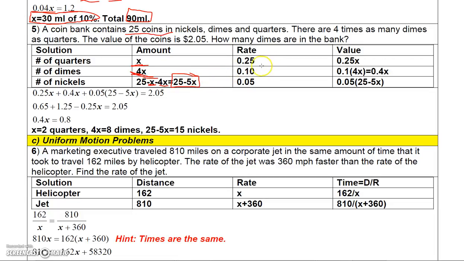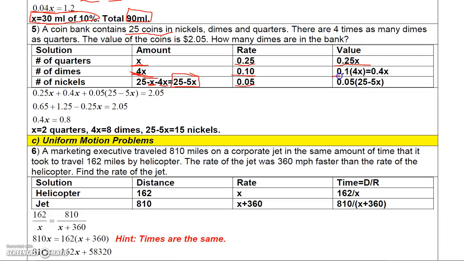Now, what's the rate? Well, the rate in dollars, I could do this in cents, but I chose to do it in dollars. The rate in dollars is $0.25 per quarter, $0.10 per dime, and $0.05 per nickel. So how many dollars do I have? Well, if you multiply 0.25 times the number of quarters, that tells you the value of your quarters.